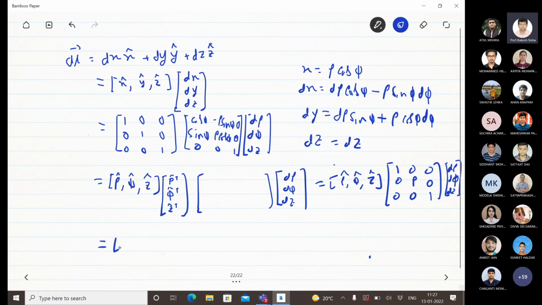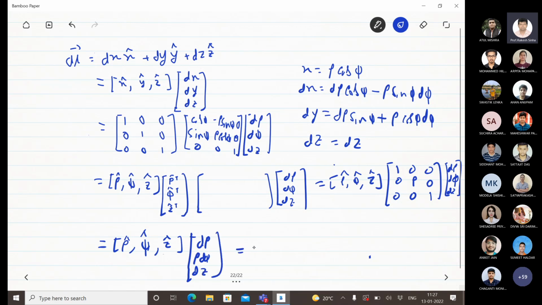You have the rho unit vector, the phi unit vector, and the z unit vector, and the differential operator scaled, so you have d rho, rho d phi, and dz.